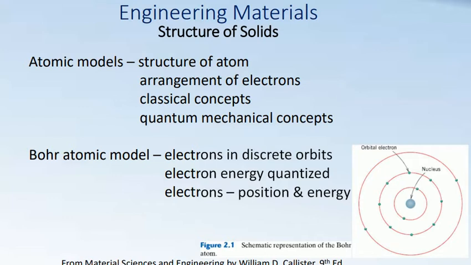You can see in figure 2.1 shown on this slide the Bohr model of the atom, in which there is a nucleus in the center and electrons are shown revolving around the nucleus in circular orbits. These orbits can have a fixed number of electrons as per the number of shells around the nucleus.